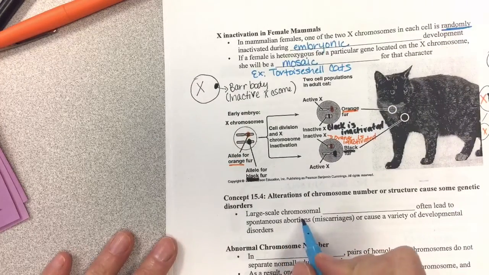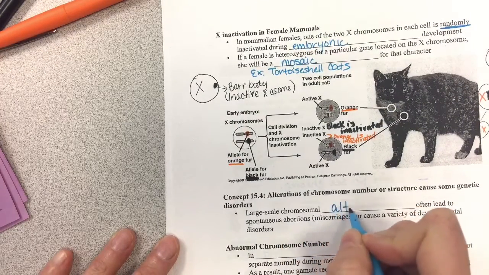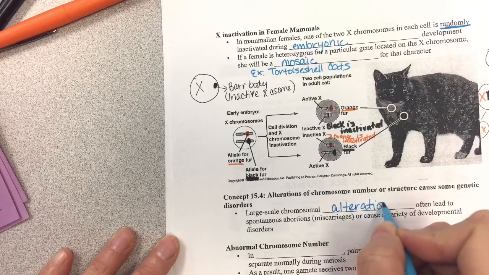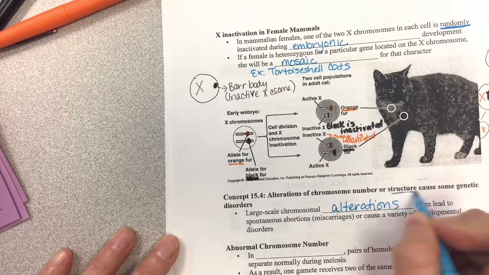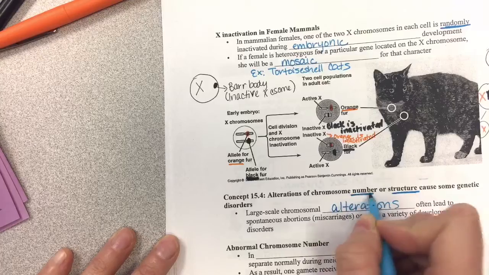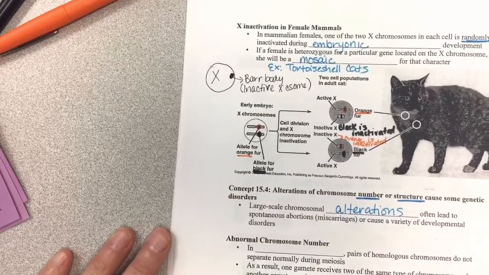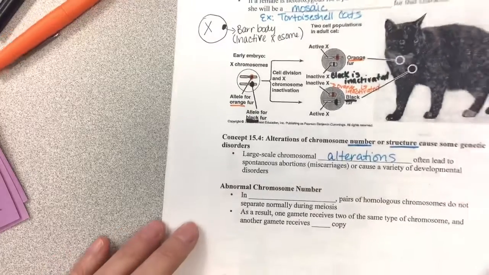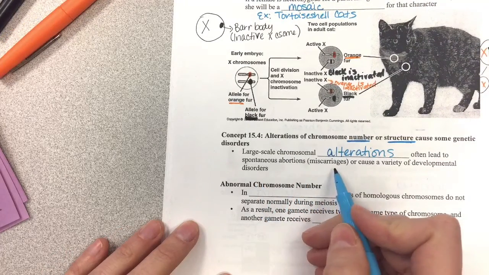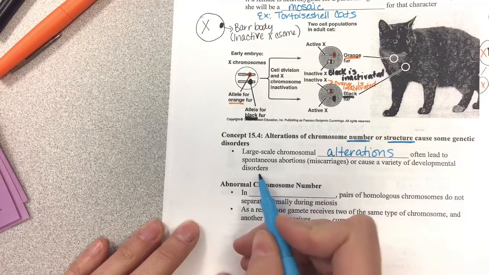So large-scale chromosomal alterations could be numbers of chromosomes or the structure. So chromosome number, or having the right number but something's wrong with the structure of it. Large-scale chromosomal alterations often lead to spontaneous abortions or miscarriages or cause a variety of developmental disorders.